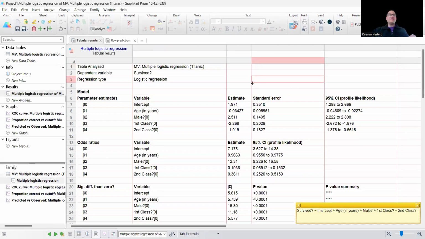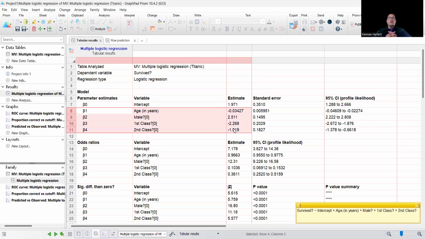Nice. Okay. So the first setup that we're going to see is going to give us a lot of numbers. Remember that beta and parameter estimates are basically going to tell us the log odds change if you increase 1 unit of each of these, for example. Given that the reference was you were a male, now we're saying, okay, if you were not a male, it actually got a little better.